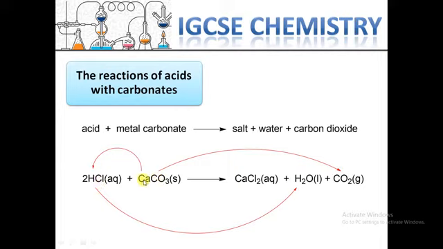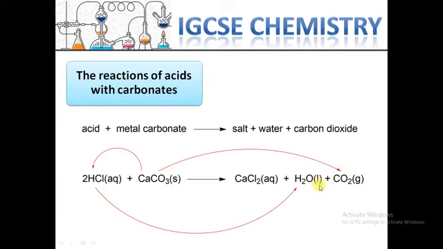When the hydrochloric acid reacts, the calcium replaces the hydrogen, and the hydrogen leaves the acid. We have two hydrogens here, and one oxygen from the carbonate reacts with these two hydrogens and produces water. The rest is CO2, which leaves as a gas.